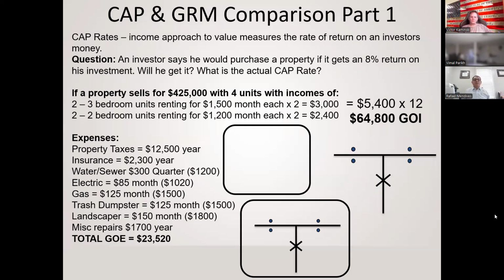Well, what numbers do we need to figure out the cap rate? The value of the property? Okay, this one's selling for 425,000 and it's a 4-unit building. What other number do we need to figure out the cap rate?